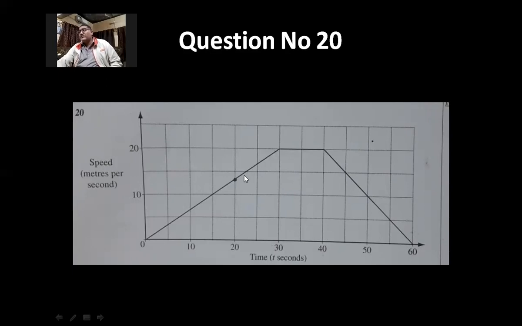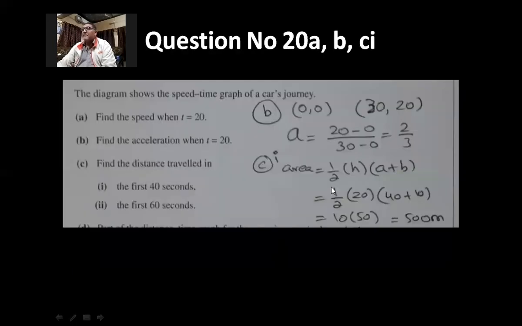So this shape is basically a trapezium. The formula for the trapezium is 1 by 2 into height into sum of parallel sides. This parallel side is 40, this parallel side is 10, and the height is 20. So the area will be 1 by 2 into 10 into 40 plus 10.